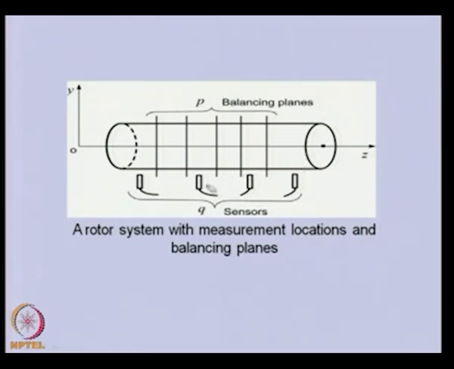In very few cases we could measure the response in between the span of the rotor, but this particular figure is more general, in which we are assuming that there are q number of sensors by which we are measuring the response. In this analysis we are showing one of the planes, that is the YZ plane, but on the same line we can extend this analysis for the other plane, that is the XZ plane.